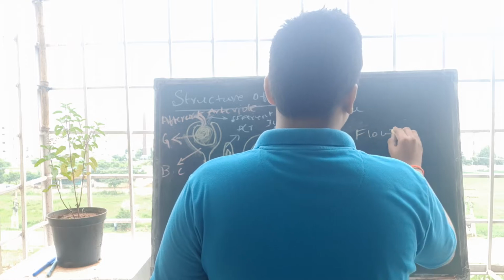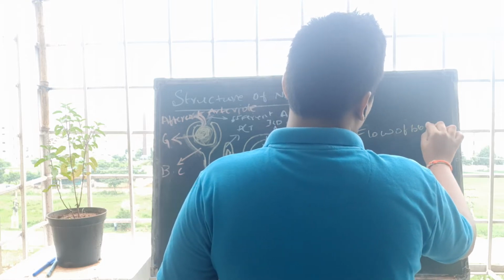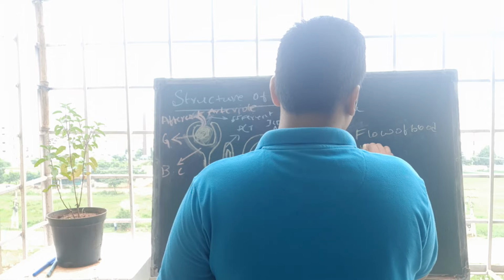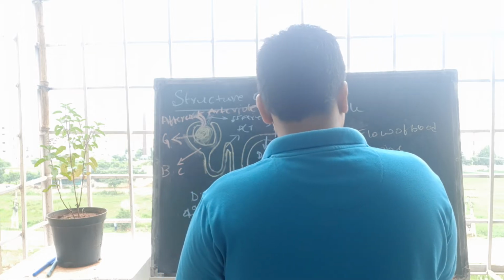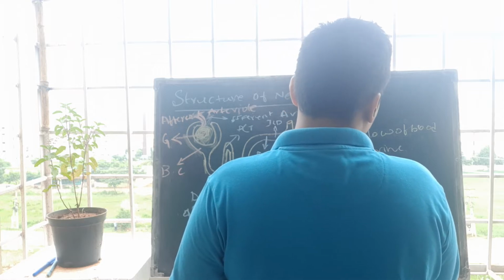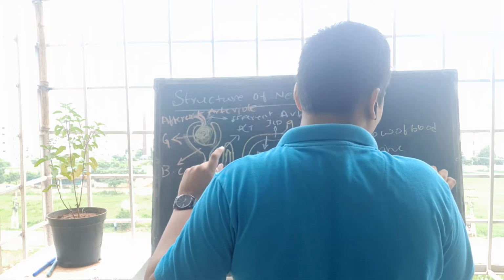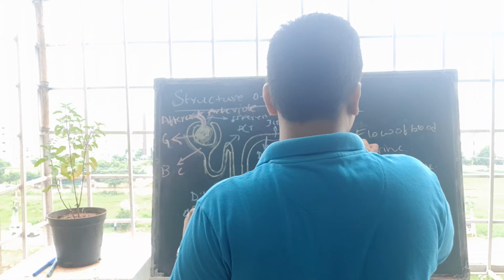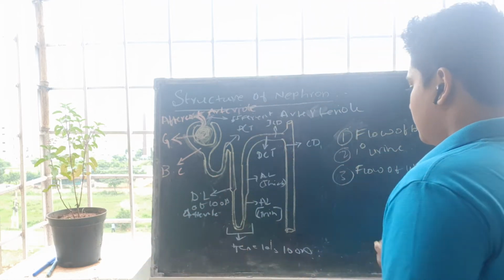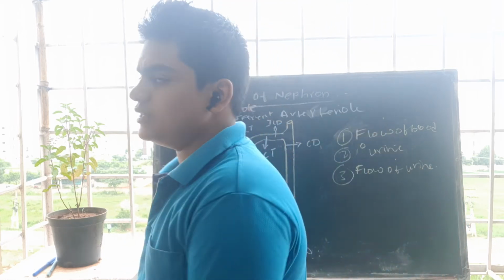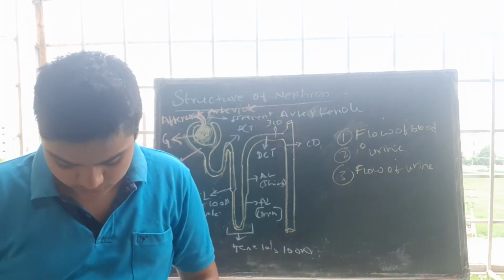Flow of blood, urine formation, primary urine formation, not secondary urine formation, and next also the flow of urine. I will be helping you with these three. Please pause the video and make a note of these three and this diagram. Then we will see these three things. Pause the video. I will be erasing it fast.